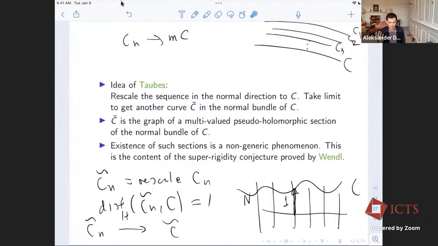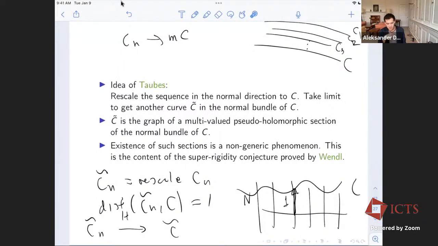But proving that is a very non-trivial statement, and this is exactly the content of the superrigidity conjecture that was proved a few years ago by Chris Wendl: these multi-valued pseudo-holomorphic sections cannot generically exist, because they satisfy a PDE whose deformation theory is governed by a negative index elliptic operator, and generically such non-trivial solutions cannot exist.